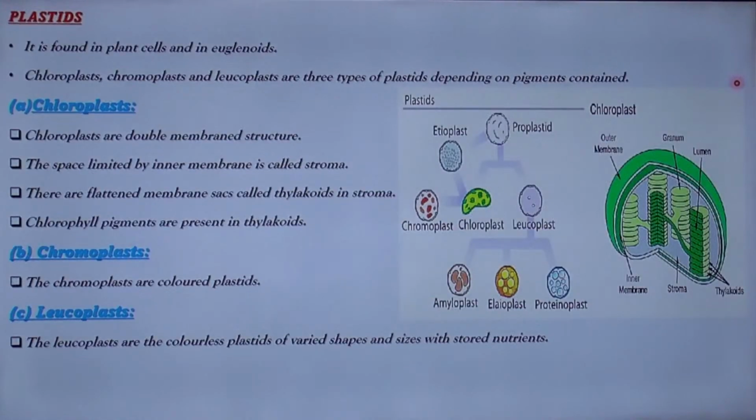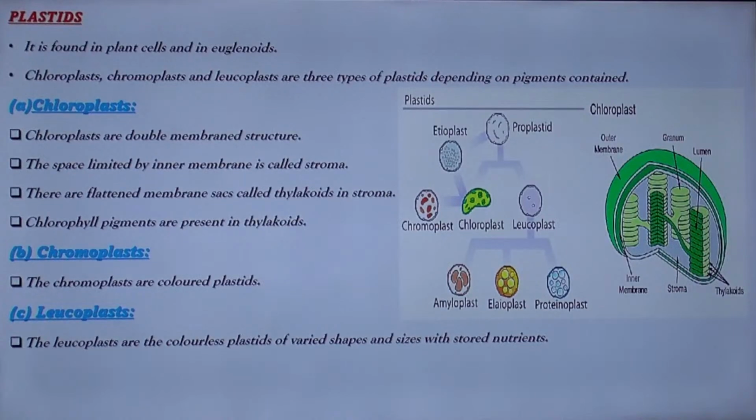Next, we will move on to plastids. Plastid is absent in prokaryotes. Plastid is found in the plant cell and in euglenoids. Euglenoids means what?